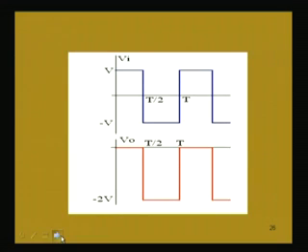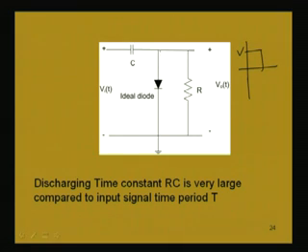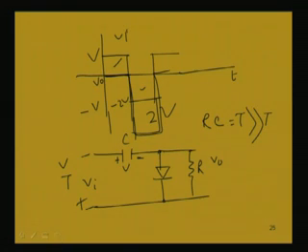So, that is what we will be getting if V and minus V are the peaks of the input voltage. Output voltage will have a 0 voltage when conduction takes place, because when conduction takes place, the diode drop in the positive half cycle is 0, and in the negative half cycle when it does not conduct, the voltage across these 2 points is 2V.